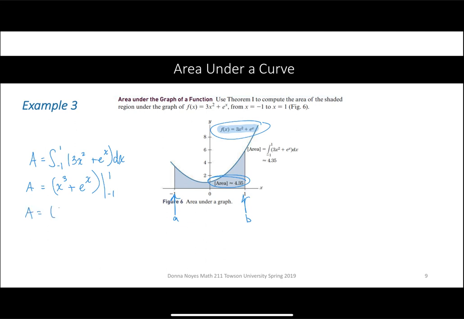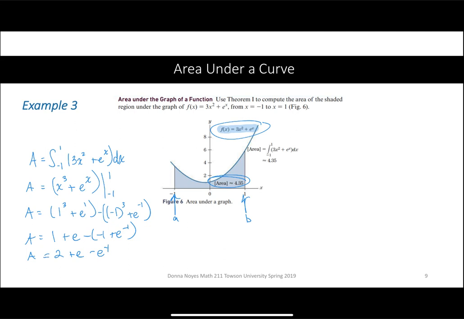So we end up with 1 cubed plus e to the 1 minus -1 cubed plus e to the -1. Or 1 plus e minus a -1 plus e to the -1. Well, two negatives make a positive, so we end up with 2 plus e minus e to the -1.